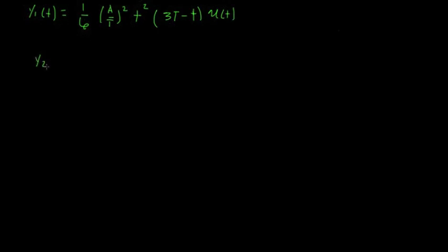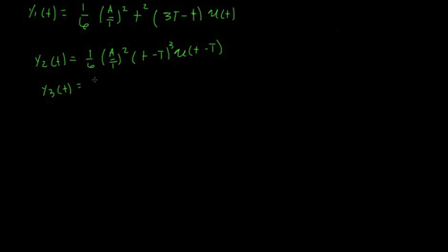y2 of t is equal to 1/6 (a over T) quantity squared, and then this time we're going to have (t minus capital T) cubed u of t minus capital T. y3 of t is equal to 1/6 (a over capital T) quantity squared.